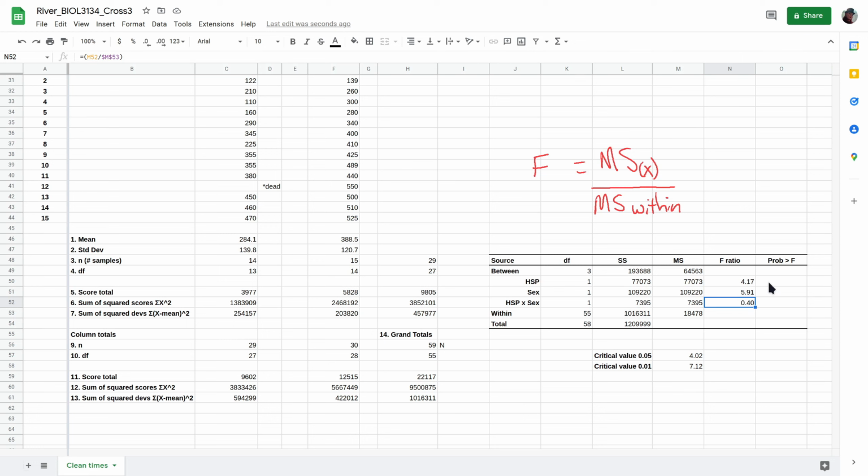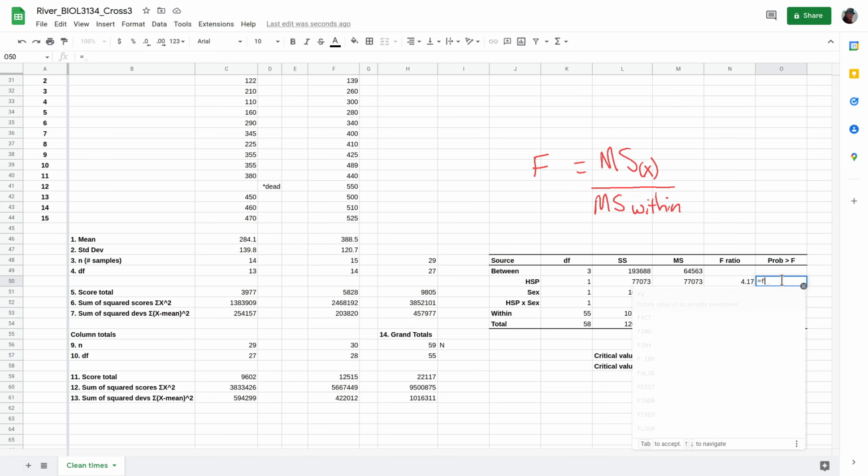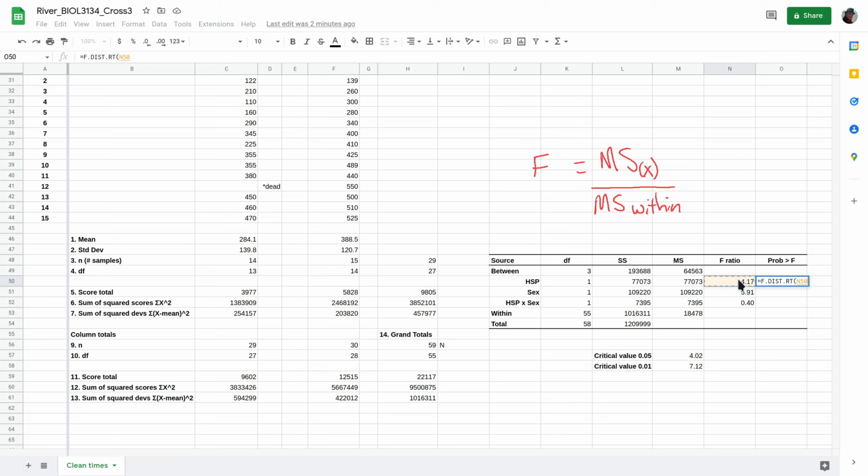Now the very last number we're going to calculate is our p-value. And this is the function F.DIST.RT. This is what we want. This is the right-tailed F probability distribution. Now the x value that we're going to give it is the F ratio, comma, the degrees of freedom 1, again, is 1, and then comma, the degrees of freedom within is this 55.